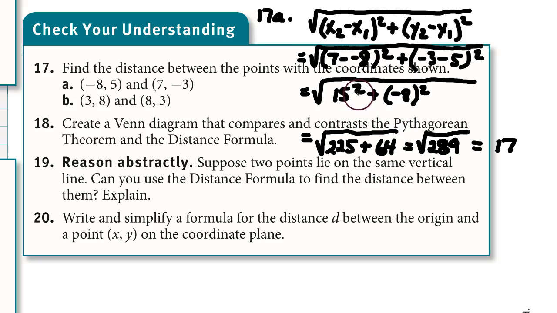Next comes the squaring. 15 squared is 225. Negative 8 squared is 64. Next comes the adding. That makes 289. Final step on a calculator, the square root of 289 is 17. So the distance between these two ordered pairs in problem A is 17 units. Please try question B on your own.